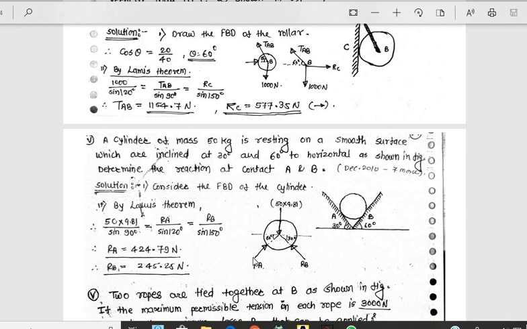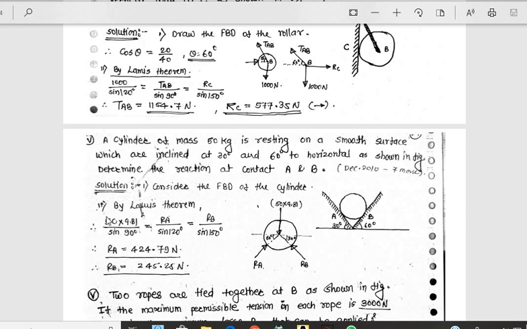Similarly, this is 30, so it becomes 60, and its alternate becomes 60. Now this 60 plus 90 is 150, this 30 plus 90 is 120, and 150 plus 120 is 270, and the remaining 30 plus 60 is 90.